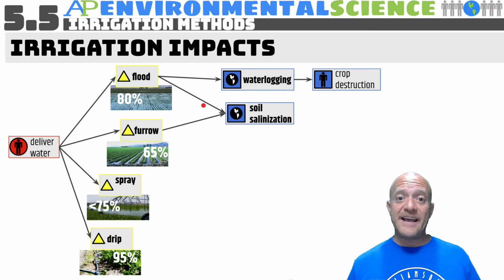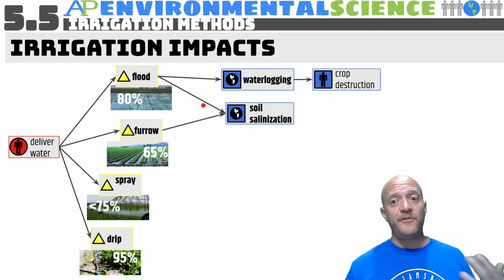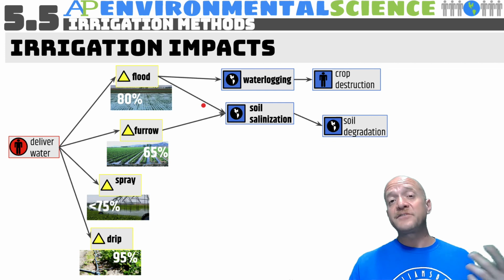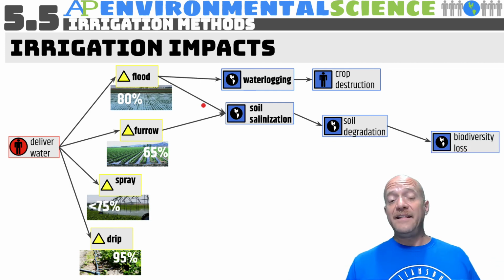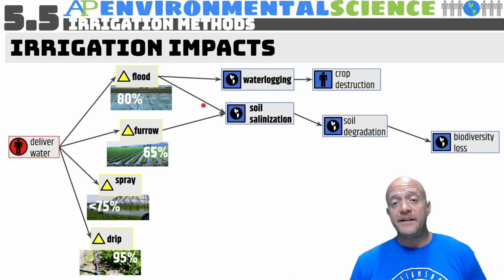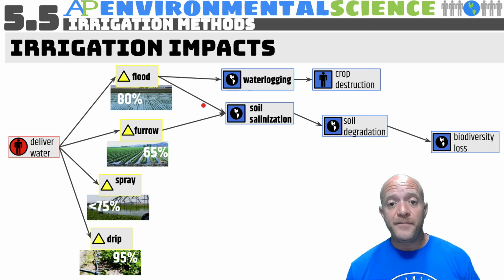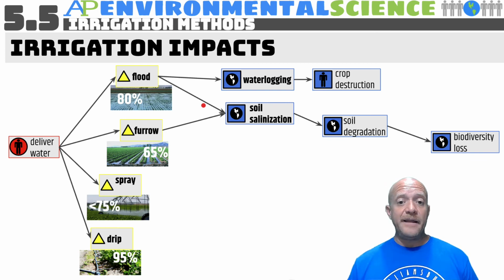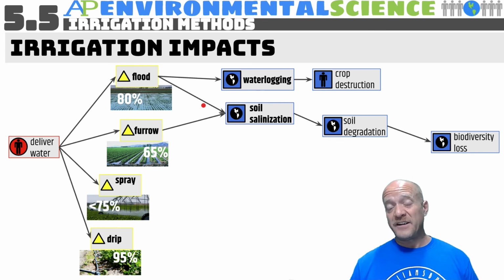And once the soil is salinized, it is very difficult to remedy or remediate that. The soil will degrade, and that can lead to biodiversity loss. It can also lead to a loss of income to farmers. Now, one way to remedy this soil salinization is by rinsing it with fresh water.